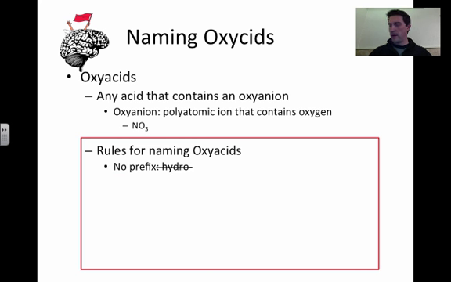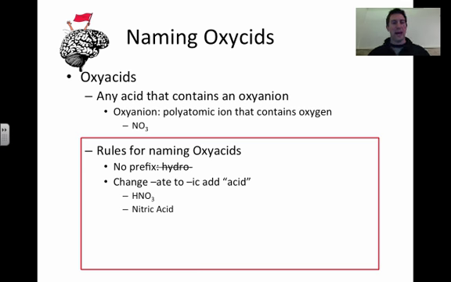So rules for naming oxyacids. We do not use the prefix hydro. So if you see an acid and it doesn't say hydro at the front, you know that it is an oxyacid. When we see an oxyacid, we change ate to ic. For example, up there in our nitrate, or the one I have right here, HNO3, this is nitric acid.